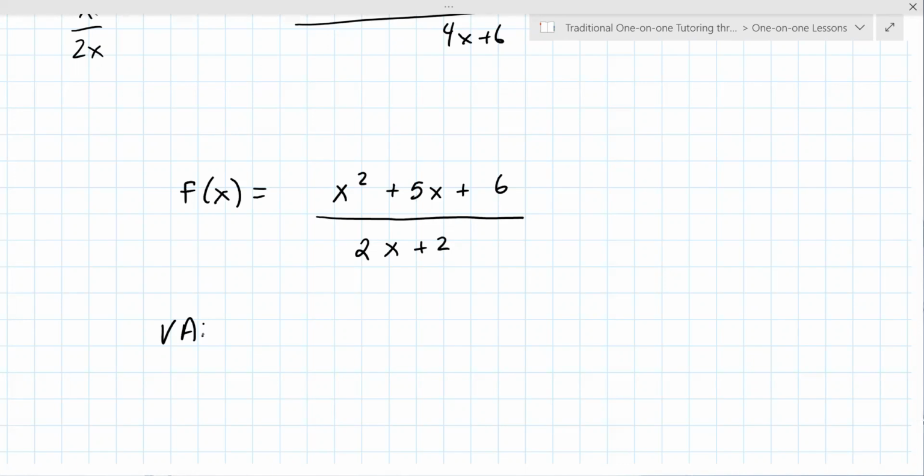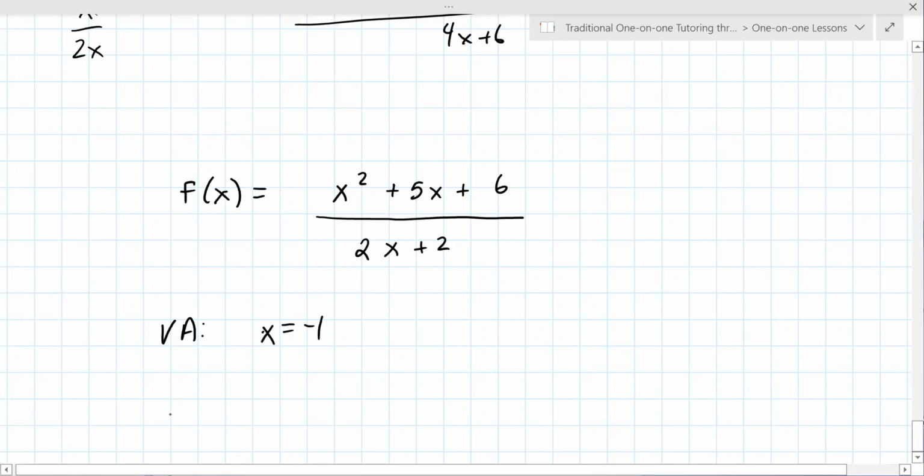I got x equals -1. Okay, very good. And how about, let's go with the y-intercept. 0, 3. 0, 3, like that.